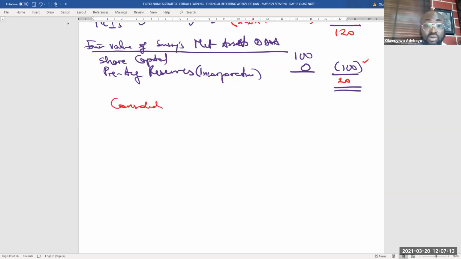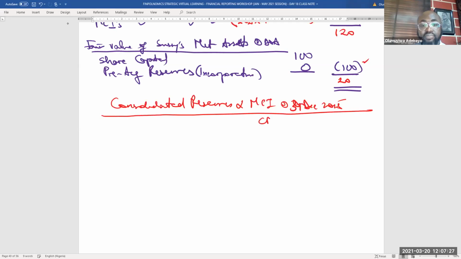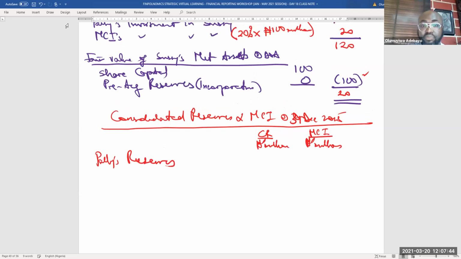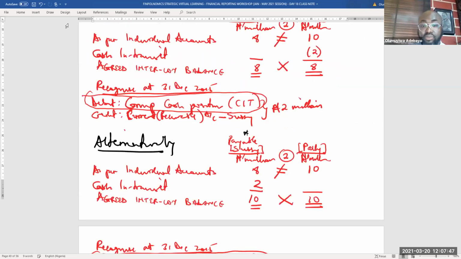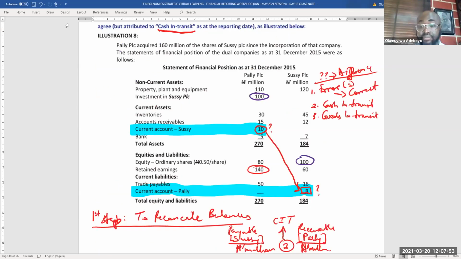Our consolidated reserve and NCI as at 31st December 2015. Pali's reserve $140, NCI 20.